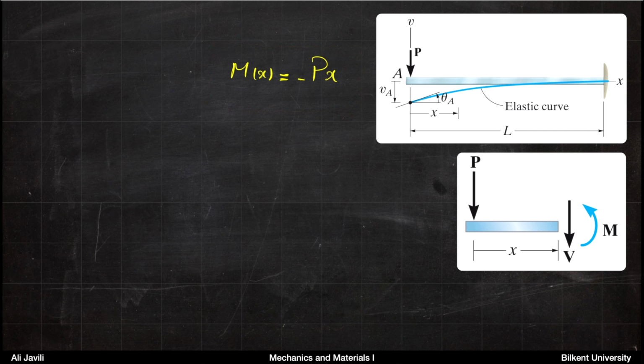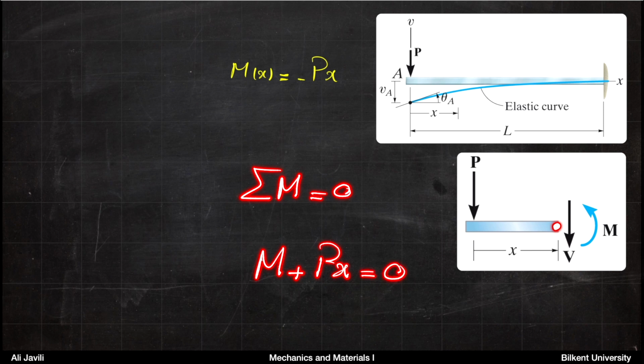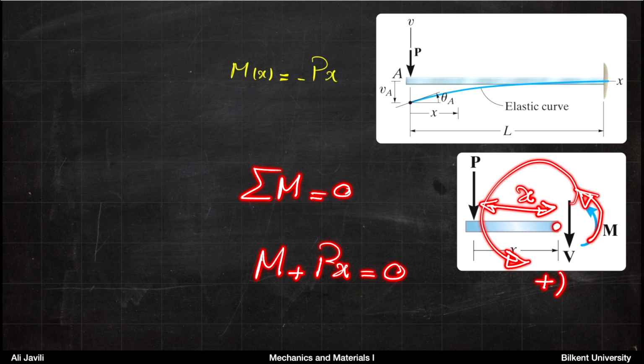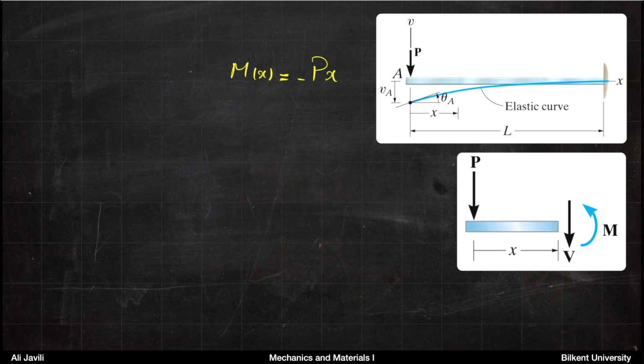And then again, all you have to do is basically to calculate the moment equilibrium. And what you can see is that M plus Px would be 0. So Px is because the distance x times the force P would cause a moment in the same direction as M. So if you assume this counterclockwise is the plus direction, you will have a plus sign in between, which means your M would be minus Px.